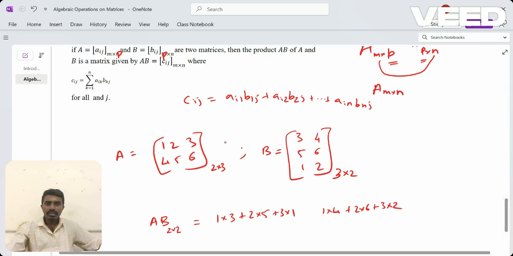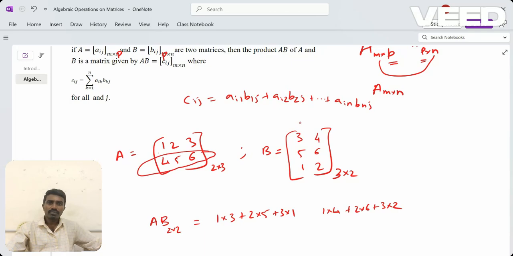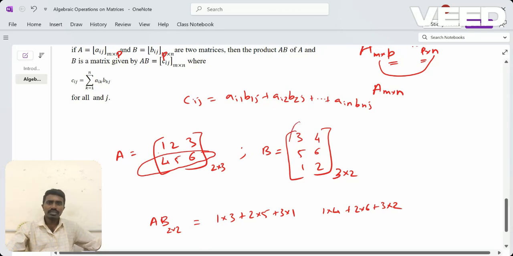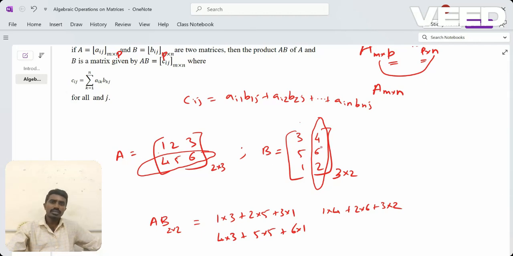Similarly, the next element is obtained by multiplying the second row of the first matrix with the first column of the second matrix. That means 4 into 3 plus 5 into 5 plus 6 into 1. Finally, you multiply the second row of the first matrix and the second column of the second matrix.